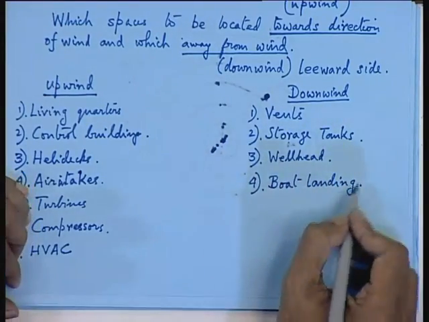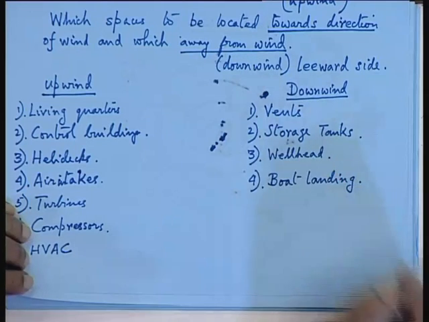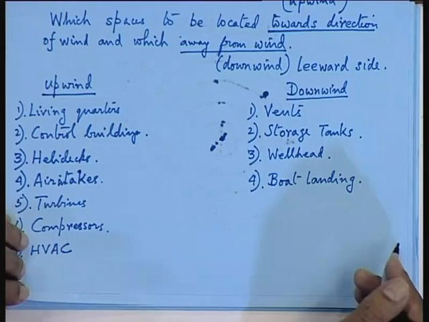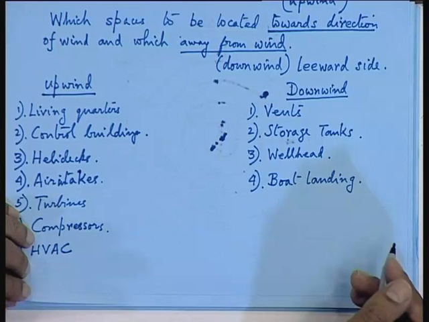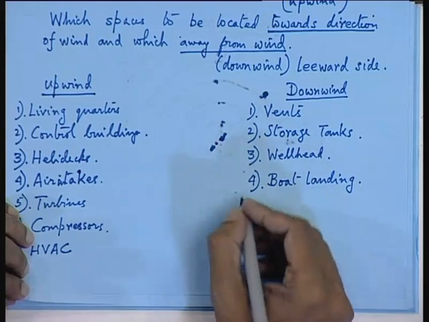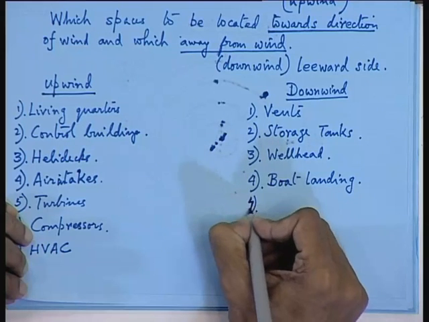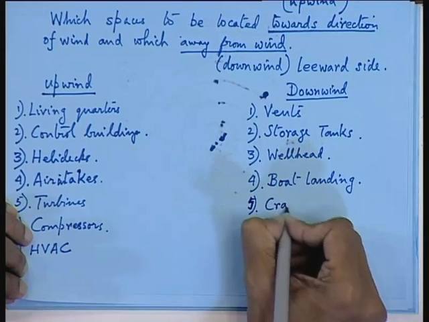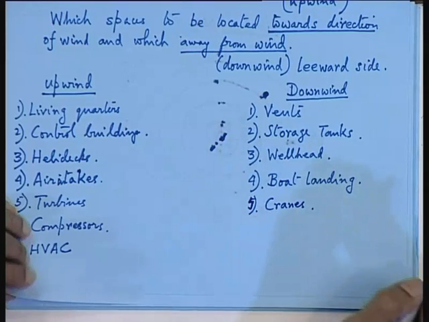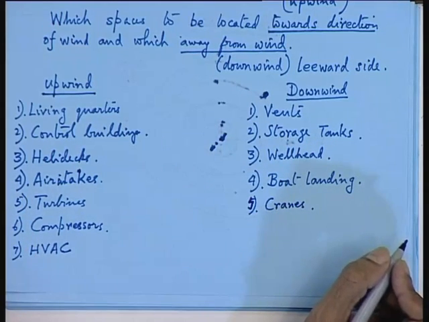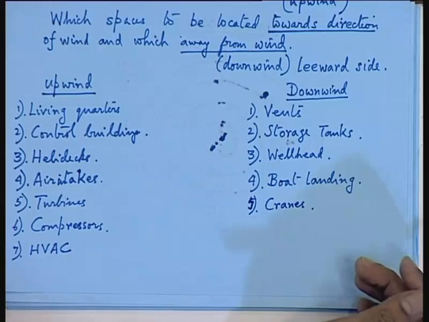So the boat landing you put on the downwind side. Then cranes. Sorry, this is 5. So these are some of the equipment to be located on the downwind side.